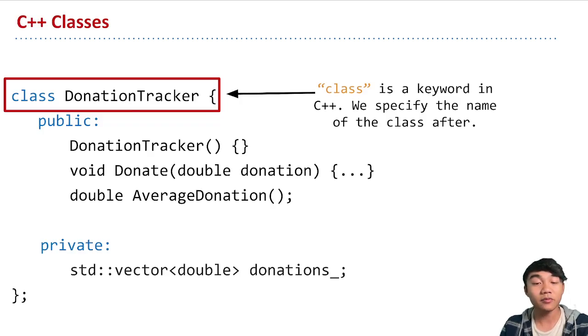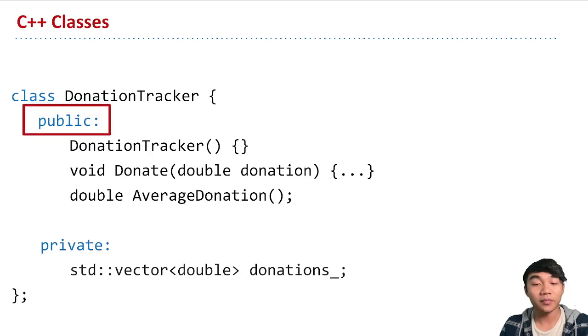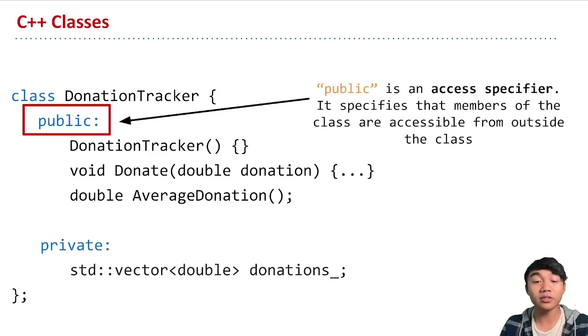And then if you notice within the class, it seems to be divided into two indented chunks, either public or private. And these keywords are called access specifiers. What they do is modify where members of the class can be used or accessed. So in the public section of the class, we list the members that can be accessed outside of the class.